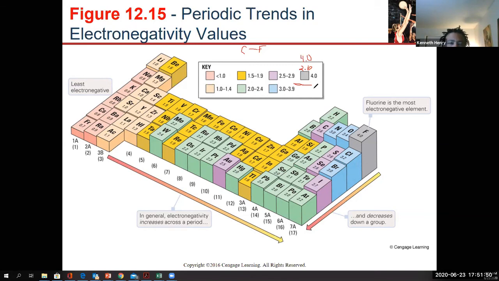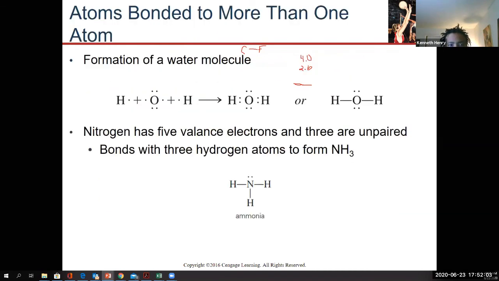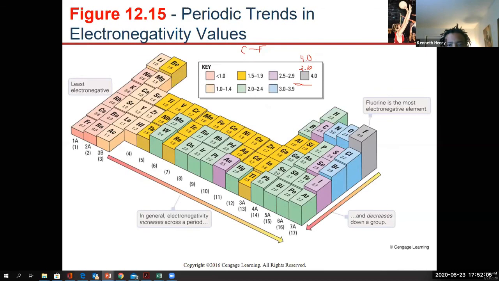And so we have a system set up. Typically, let's see, what is that, 1.2?